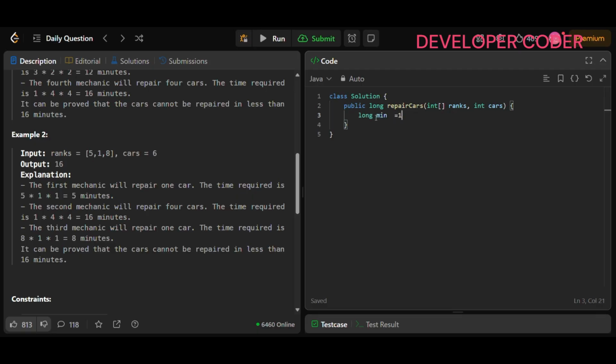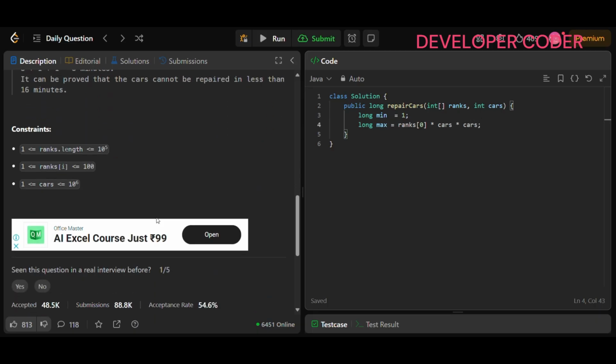So long min is equal to 1, and long max should be equal to whatever the first rank we have. This ranks of 0 is an int type, and I am multiplying it with cars, which is also an integer.